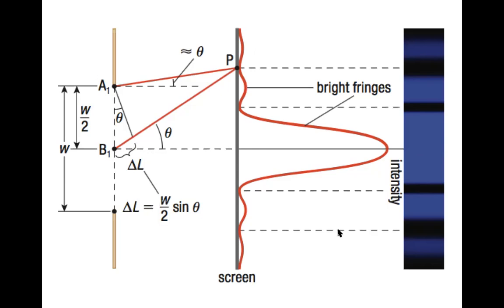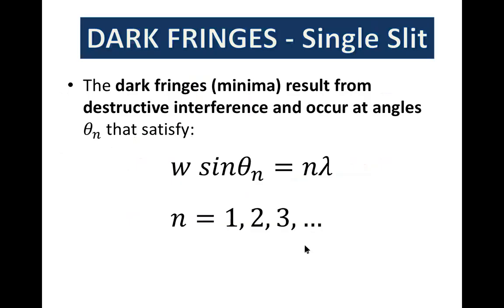If those path length differences are all multiples of a half a wavelength, then you get destructive interference just like before, just like we did for the double slit interference, and then whole multiples of a wavelength would be constructive interference. Based on this diagram, which is similar to what we've seen with the double slit, we can derive equations for the dark fringes and the bright fringes.